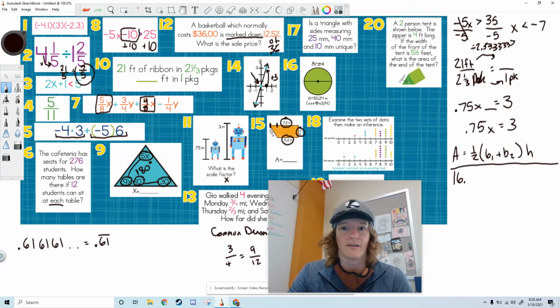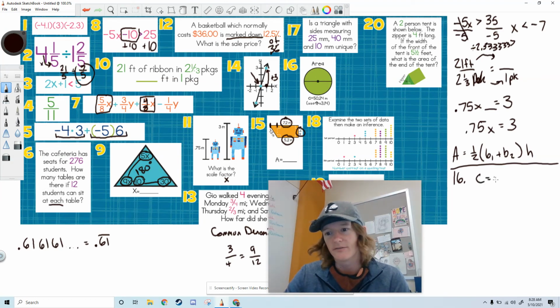Number 16, we have a circle. We need to find the area, and they tell us the circumference. Circumference equals pi times d, or 2 times pi times the radius, because the diameter is 2 times the radius. So if the circumference is 2 times pi times radius, and they tell us the circumference is 50.24, then 50.24 equals 2 pi r.